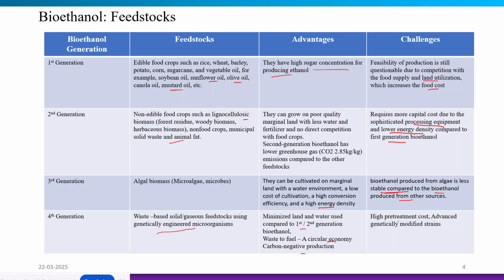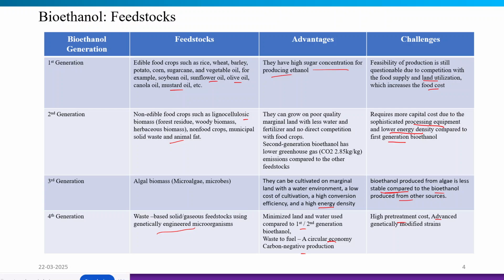But the whole process takes a lot of capital investment, because it needs higher pretreatment cost, and we are incorporating advanced genetically modified strains of the microorganism. So overall the process becomes costly.